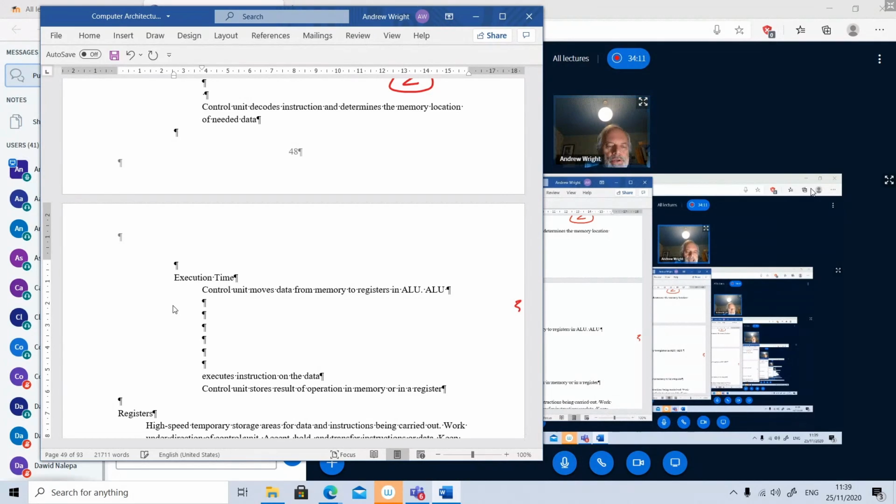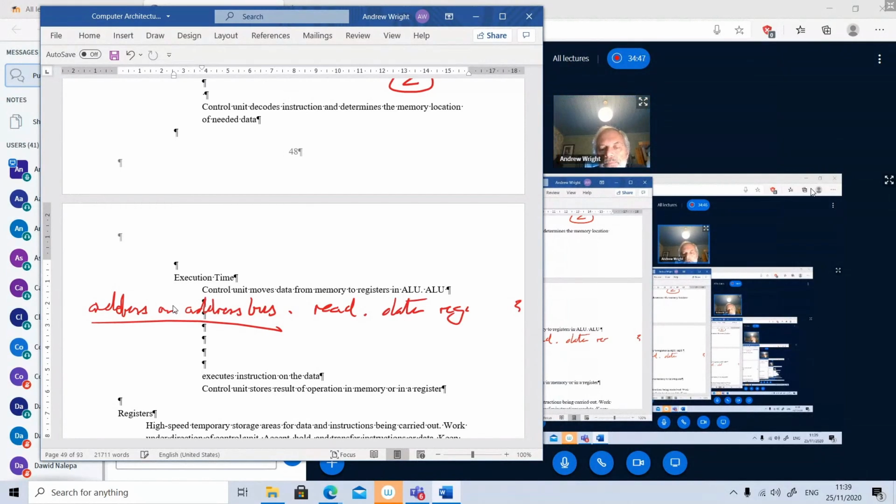So execution time, we'll assume that the instruction would say an add. So what we can do is control the moving of data from memory to register. Again, we put the address on the address bus, and we read, and the data gets put into the register.